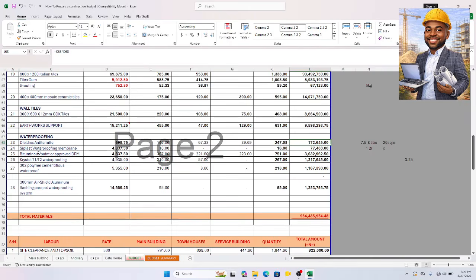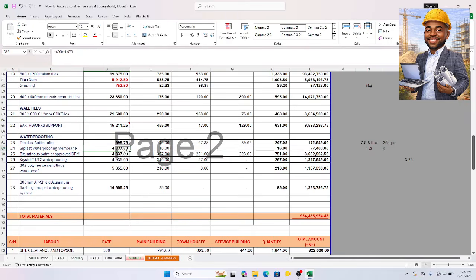Now these are C+ waterproofing. These are specialist waterproofing from Advanced Concrete. This is bituminous paint or DPM.